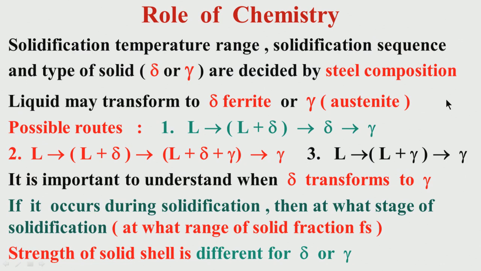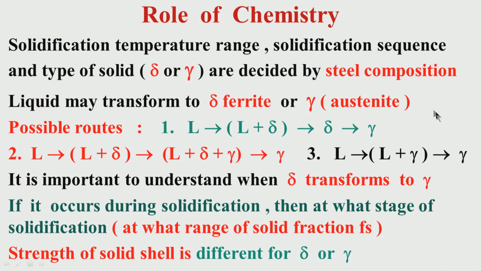For 0.05% carbon the solidification range is something, and when you go to 1% carbon, the solidification range is quite big, and the actual temperatures of solidus and liquidus are also relatively lower. So with chemistry, solidification temperatures are changing, liquidus temperatures are changing, the solidification temperature range is changing, and the solidification sequence is changing. These are very important to remember.